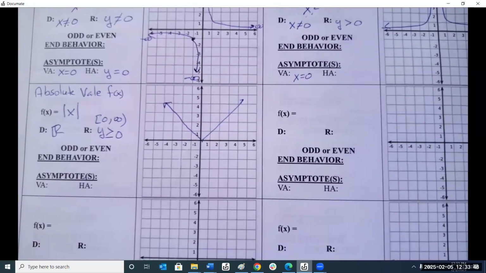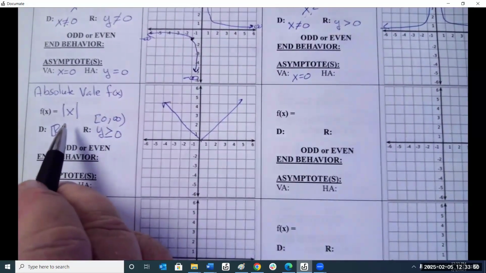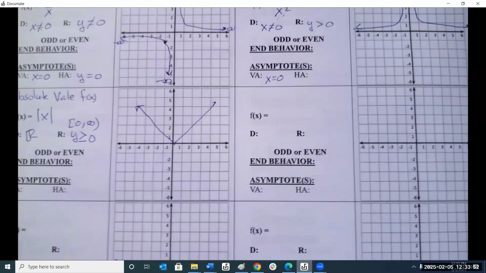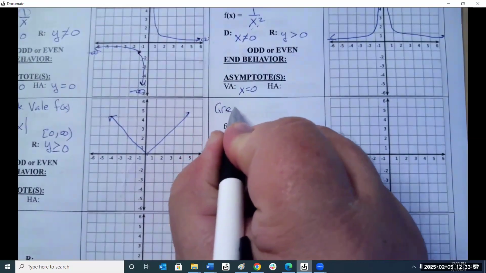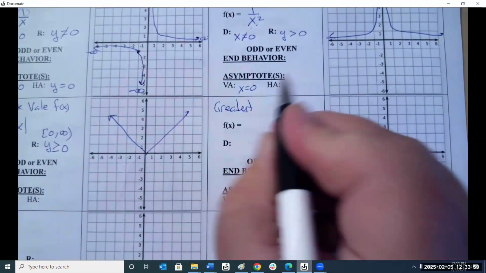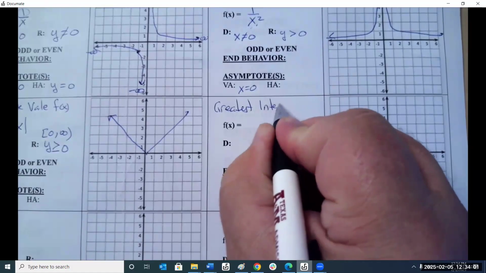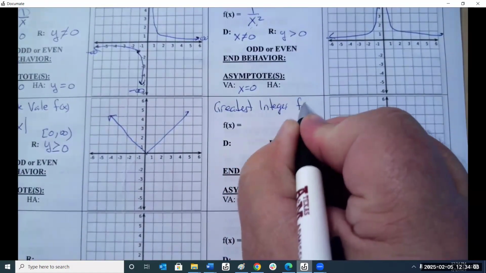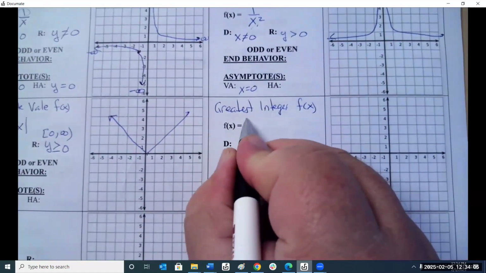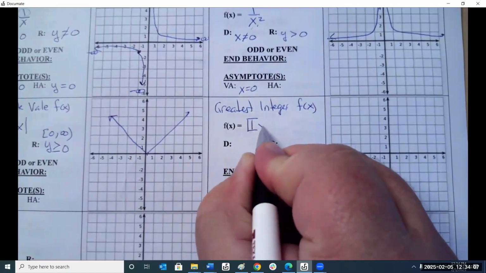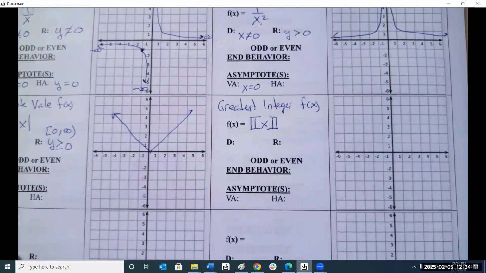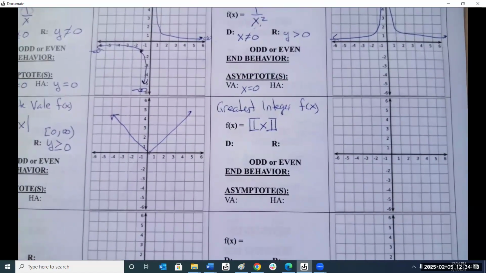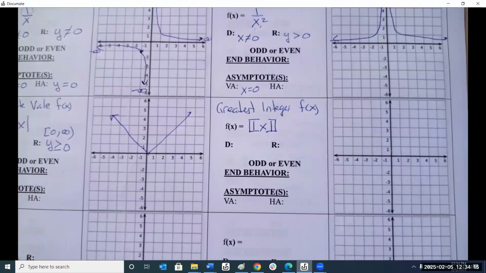So far, so good. We're going to have another symbol similar to this one, but you don't see it too often. Greatest integer function. Ever hear or ever see the greatest integer function?